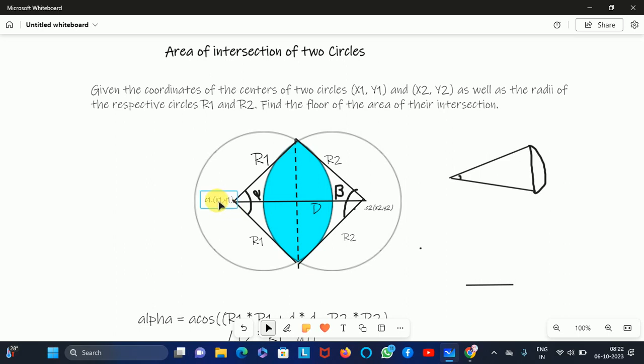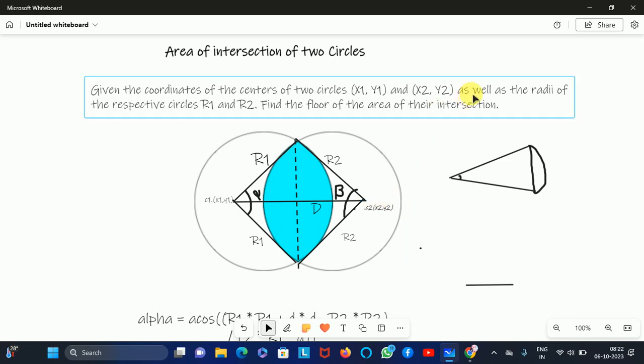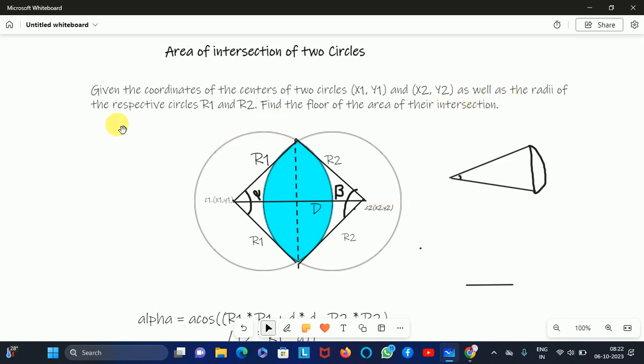Their coordinates are x1 y1 and x2 y2, and the two radii are given. The radius of the first circle is r1 and the radius of the other circle is r2, and this is the intersection area, this shaded region. We need to find the area of this shaded region.